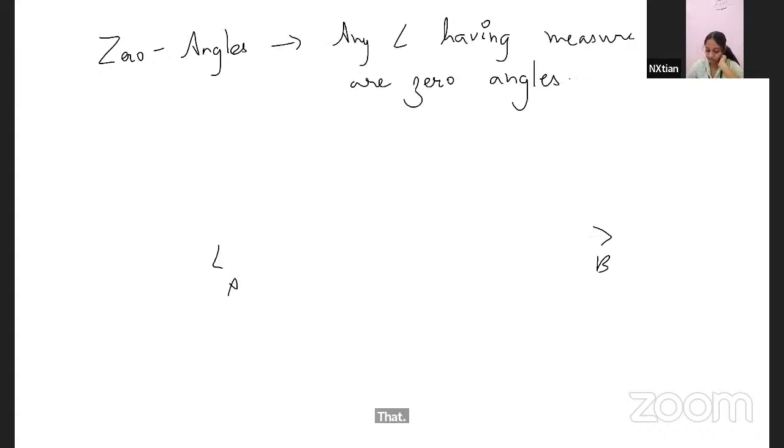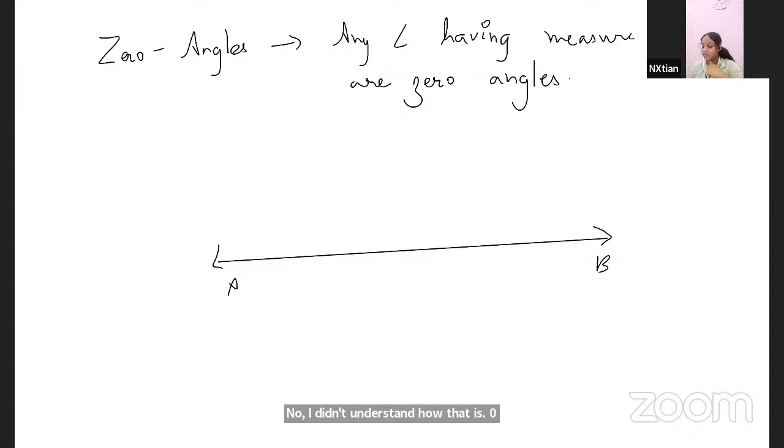Ma'am, I didn't understand how that is a zero angle. That looks like a 180. If you measure, it will be a 180. Okay, basically you can just leave it as it is. You don't put any point on it. Just leave it as a line segment.